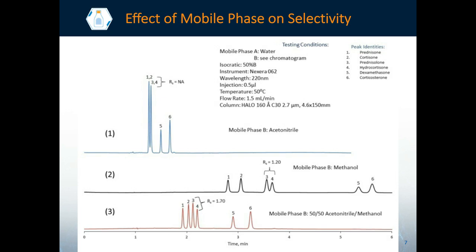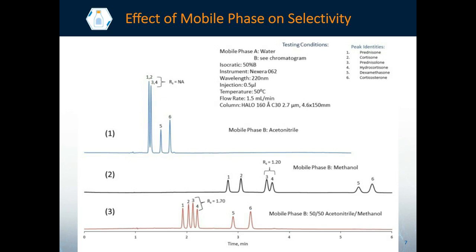In separation number 2, what we're using is 100% methanol. And for that, you can see we've now obtained baseline resolution for peaks 1 and 2, the prednisone and the cortisone. We're doing better for peaks 3 and 4, but we're not quite at baseline resolution with a resolution of 1.2. And then peaks 5 and 6 are still okay.